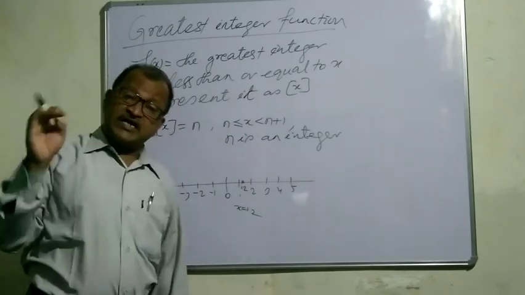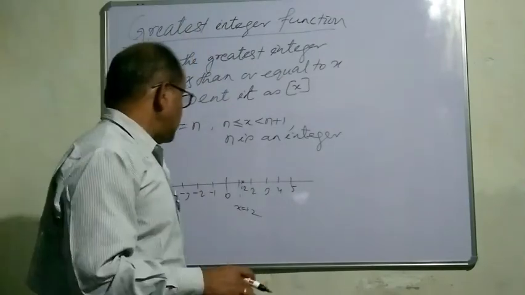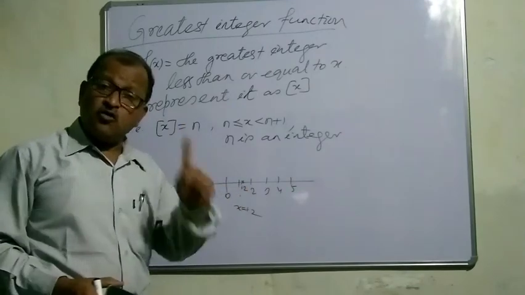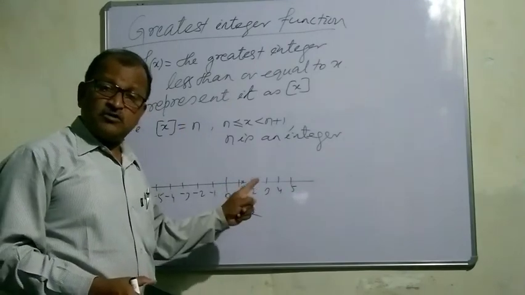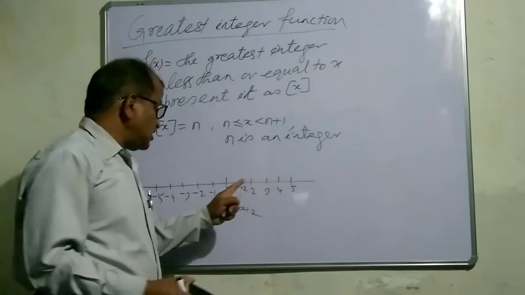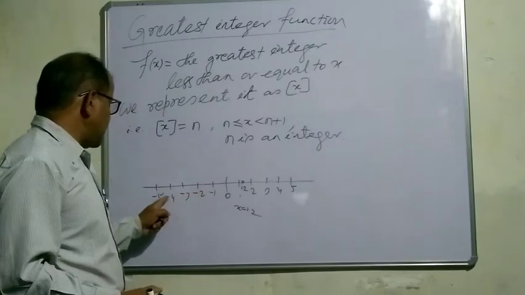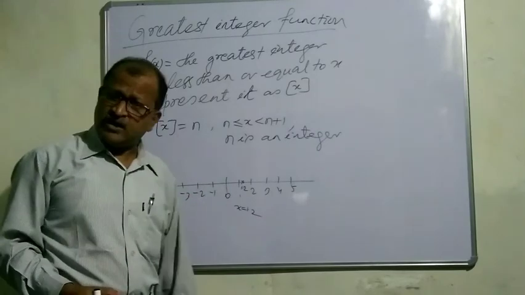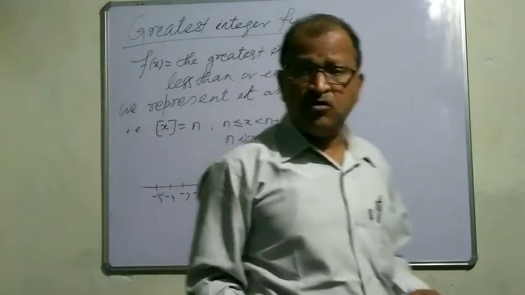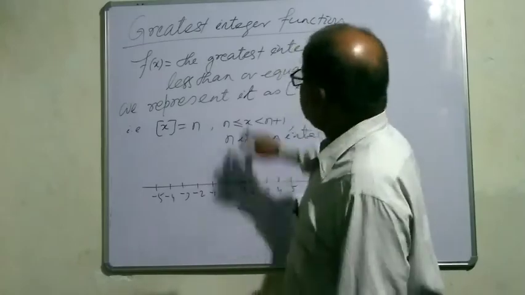Which is the greatest integer less than or equal to 1.2? There is no integer equal to 1.2. So which are the integers less than 1.2? Integers 1, 0, -1, -2, -3, -4, -5, like this. All integers to the left of 1.2 are less than 1.2. And which is the greatest among them?